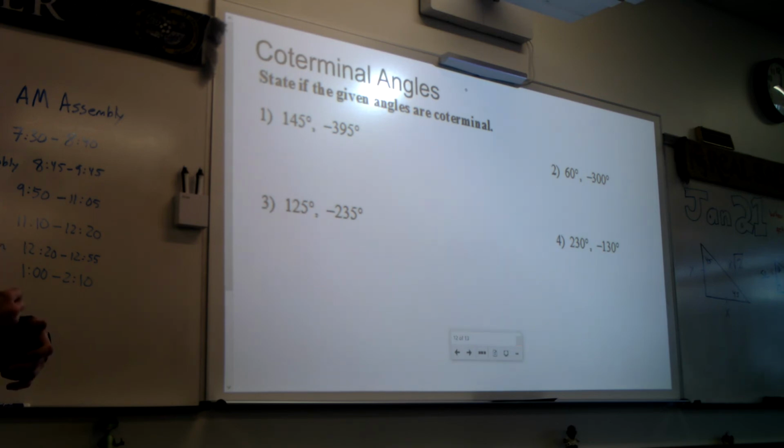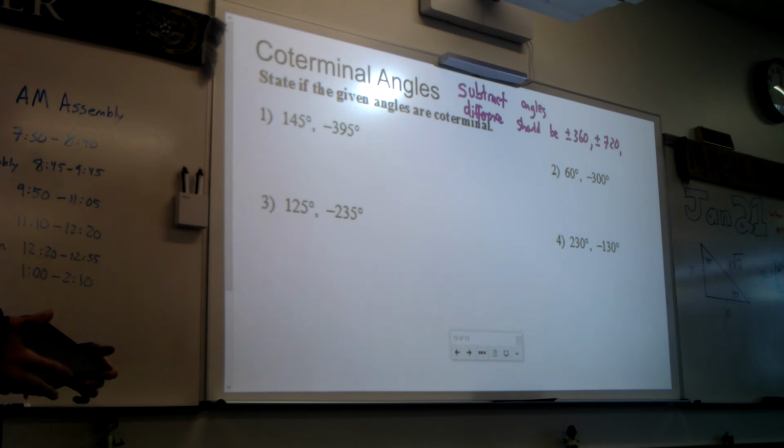So you're going to subtract the angles, and what should the difference be if they are coterminal? 360 or 720 or 1080. It could be positive or negative. We won't get high enough to see 1080, but the idea is it's full rotations, right?